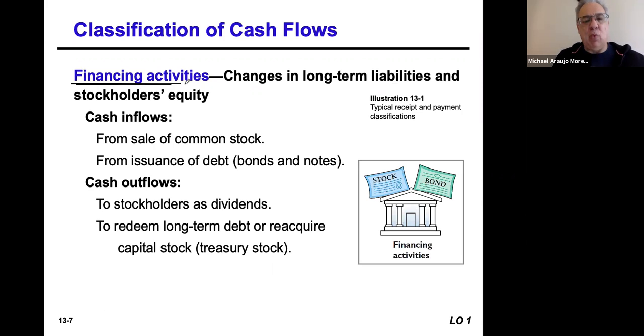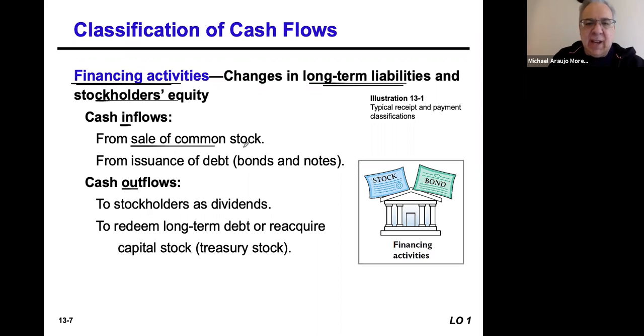Financing activities, again, where do you get the money, right? Where do companies get money to buy things? That's the financing piece. So here we're looking at long-term liabilities and stockholders' equity. And again, in the cash flow statement, we're only looking at two things happening, cash coming in or cash going out. So cash comes in every time they sell shares of common stock.